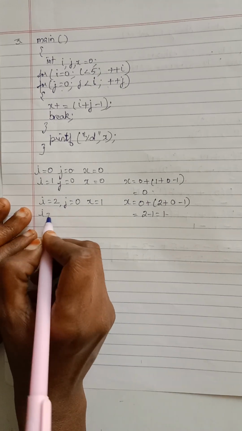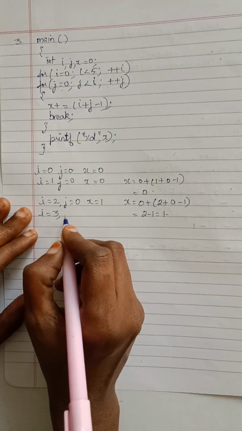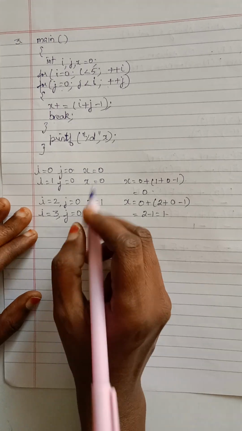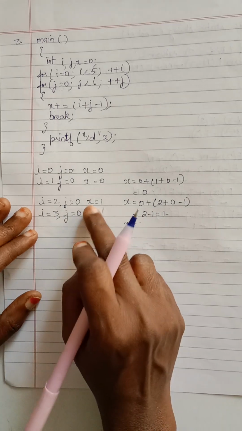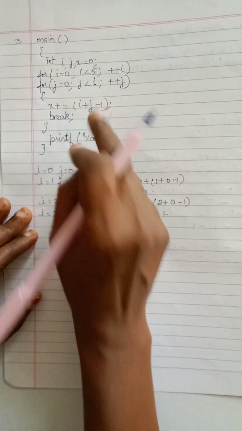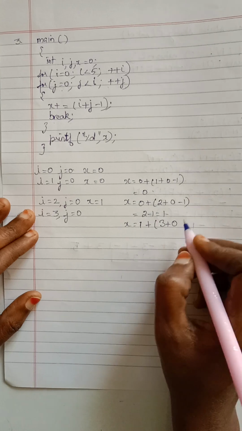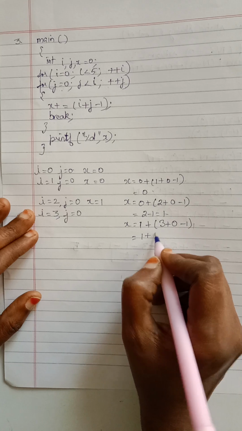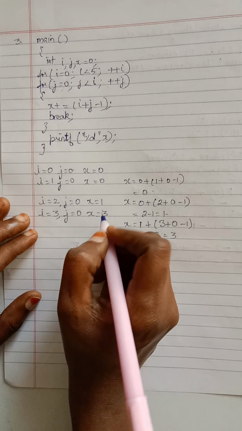Next iteration i becomes 3, so i is incremented by 1. j becomes 0. Now x will be the previous x value, that is 1, plus i plus j minus 1. So i is 3, j is 0, minus 1, which is 1 plus 3 minus 1, that is 2, which is equal to 3. So now x becomes 3.